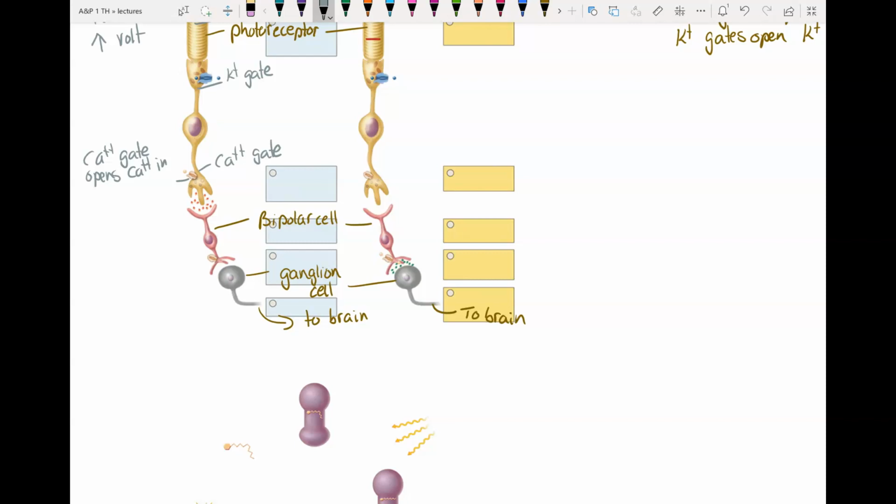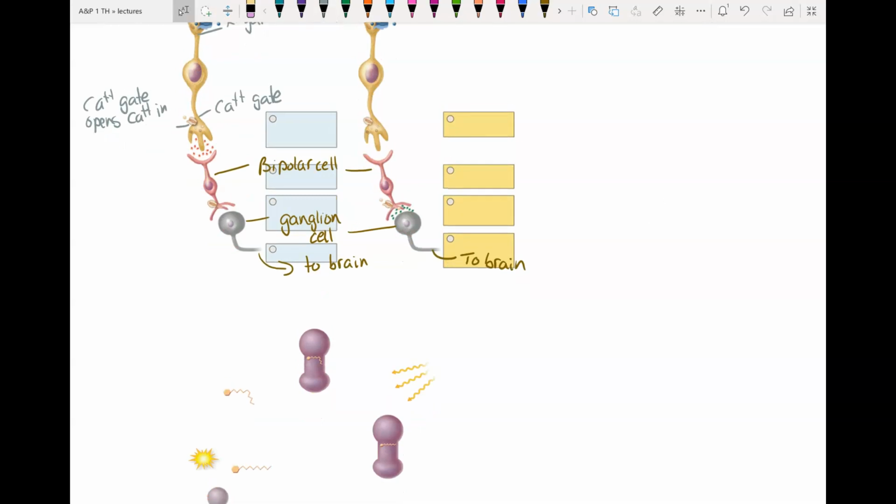Calcium comes in, and remember calcium coats the vesicles that contain the neurotransmitters so that you can have exocytosis, and here you secrete neurotransmitter. This is an inhibitory neurotransmitter. So we're going to have IPSP.